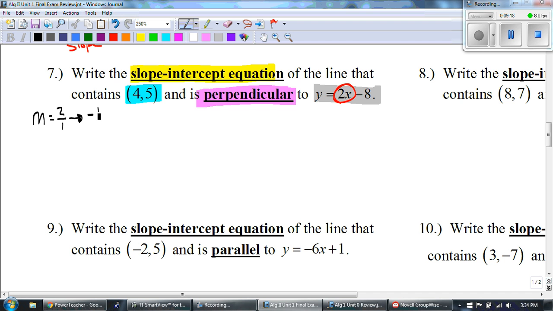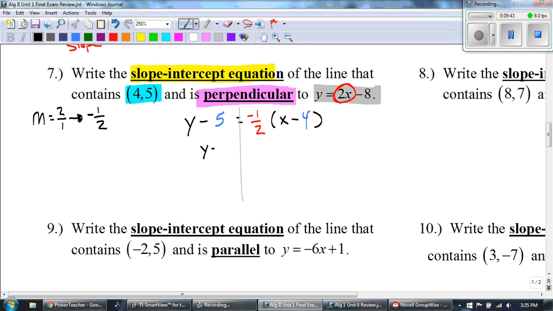So that would be -1/2. And now that I know that my slope is the opposite reciprocal, I would go ahead and plug into point slope. We would use our new slope of -1/2 because that's the opposite reciprocal, and then plug in the 5 and the 4.